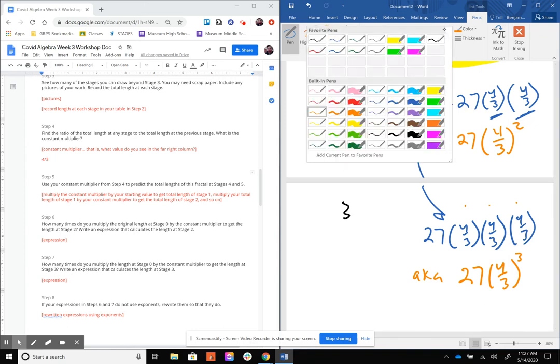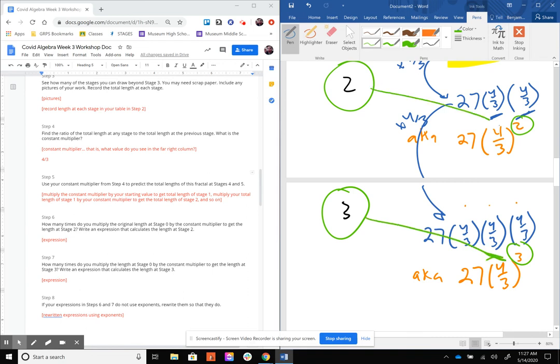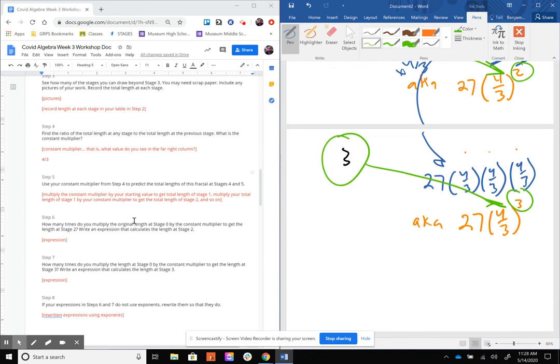Now, this is interesting because we have a relationship here. We see that nothing changes except our stage number becomes our exponent value right there. So we all of a sudden have a shortcut to getting the total length by just using the stage number.